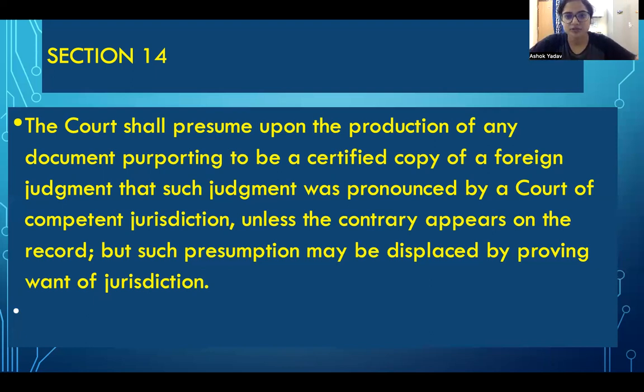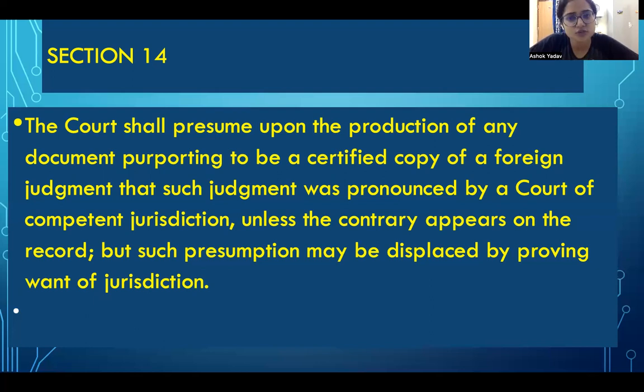Now, the one question which arises is, what about the execution of foreign judgments? The execution of foreign judgments is done under section 44A of the CPC, which talks about the execution of foreign judgments with reciprocating territories.